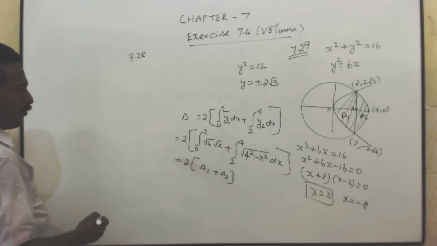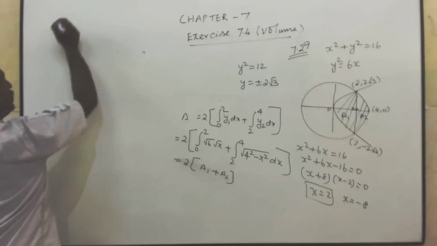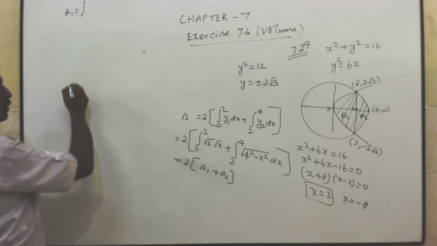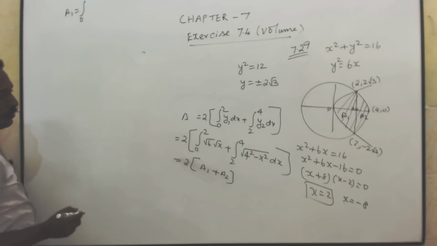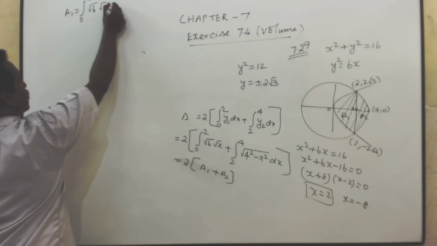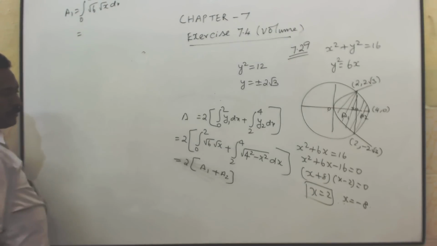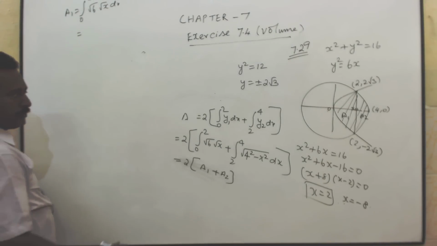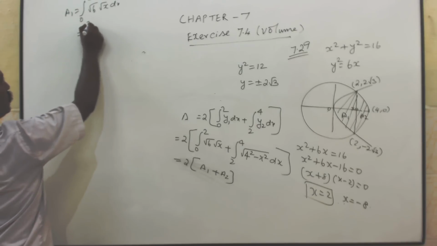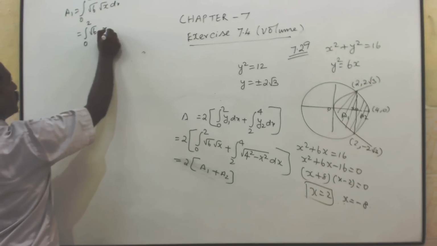First I'll calculate A1 separately. What is A1? Integral 0 to 2 root 6 root x dx. Root x means x power half.